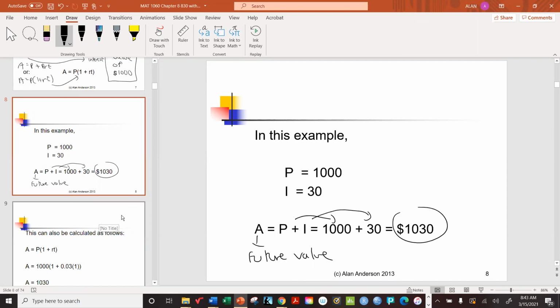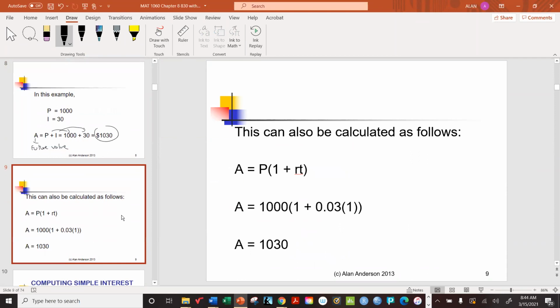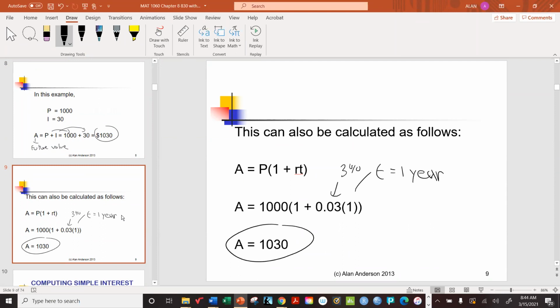Now, if we did it the other way, using the other formula, you can see we start with 1,000 and we multiply that by 1 plus the interest rate times the time, and we end up with exactly the same result, as you can expect. So either way, we'll end up with the same result.